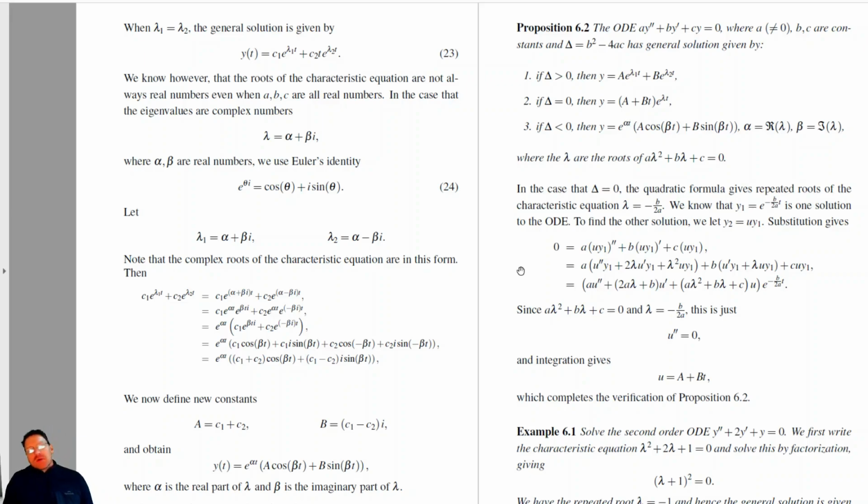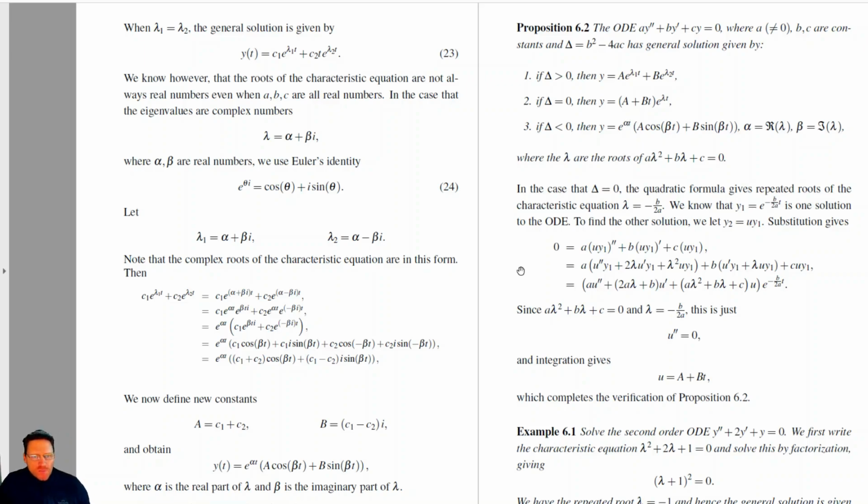But we know that the roots of the characteristic equation are not always real numbers. So let's have a look at this, because it's still true in the case that they're not real numbers. However, we go and interpret those somewhat differently. Okay, so suppose our lambda is equal to alpha plus beta i, where i is the square root of -1.